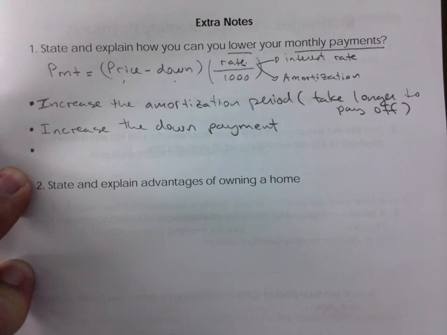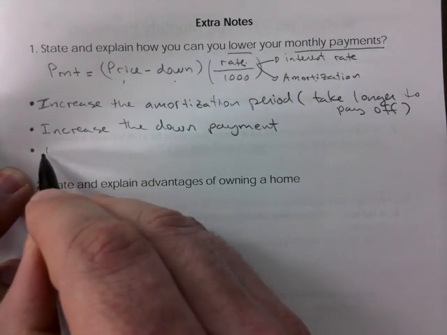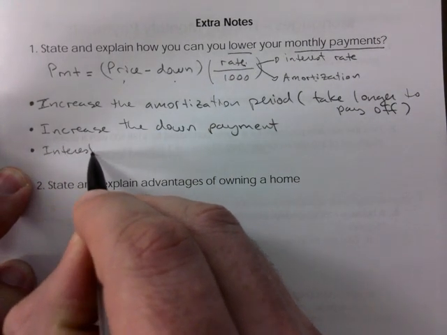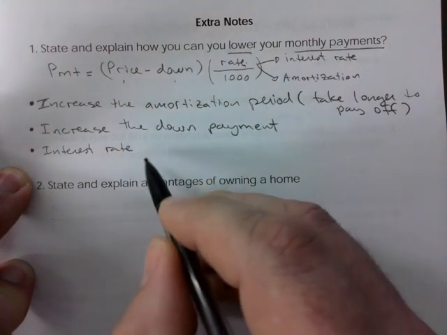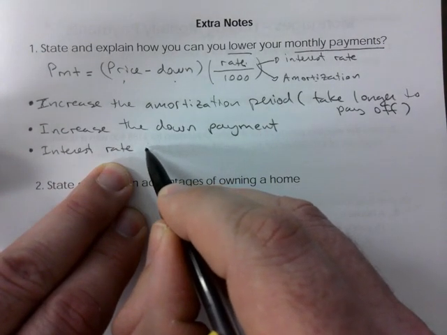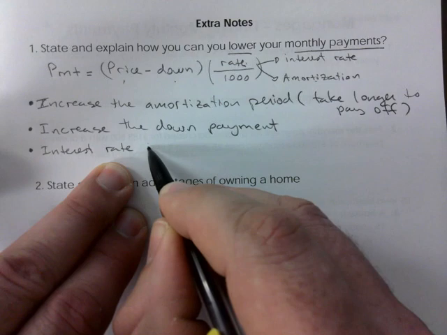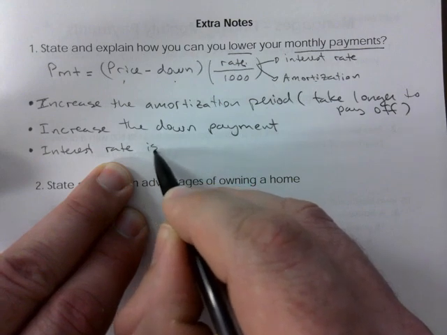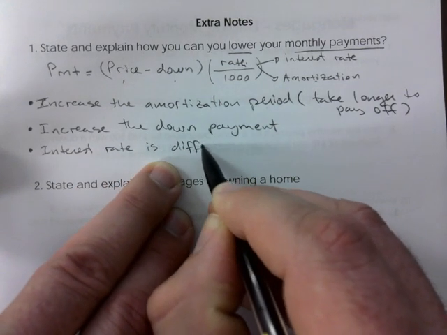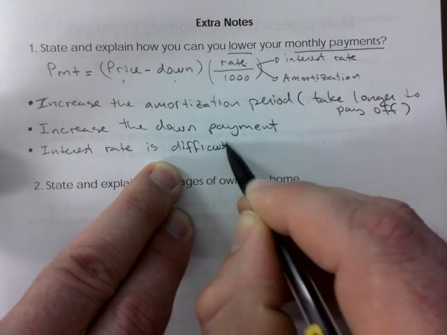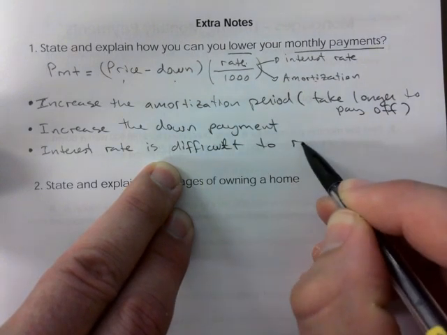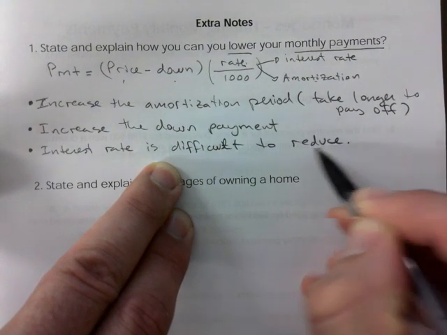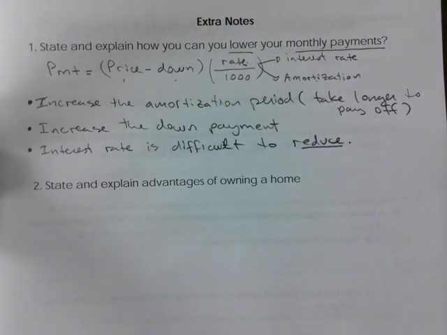So just some advice for you. This is what I'm going to say. Interest rate is difficult to reduce. Sometimes it's like, oh, go shop for a lower interest rate.